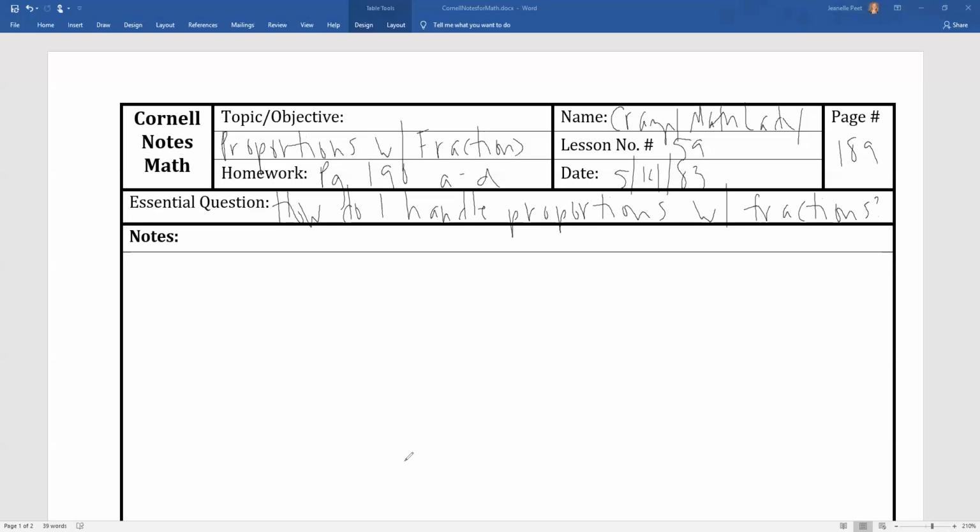So to multiply fractions, say I have 3/7 times 14 over 39. We're going to check for cross-canceling.